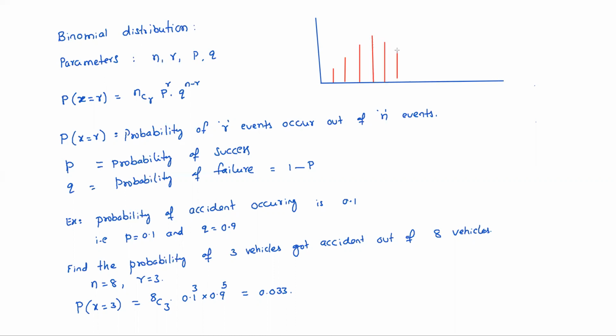Depending upon p and q values, the distribution may be like this. It may not be symmetric, okay? It may be skewed. So this is the distribution.